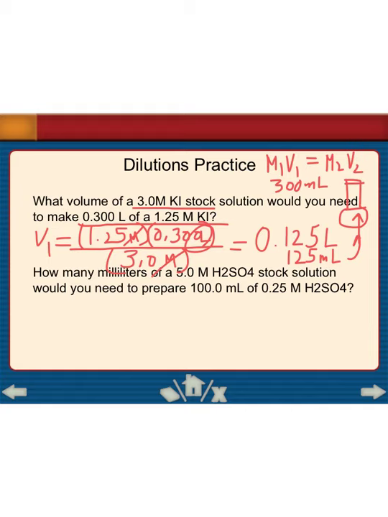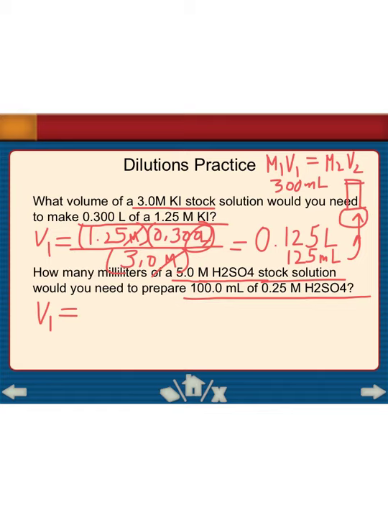Okay, here's another one. Same idea here. How many milliliters of a 5.0 molar sulfuric acid stock solution, a very strong acid, would you need to prepare 100 mL of 0.25 molar sulfuric acid? Using the same M1V1 equals M2V2 formula, again, we're looking for V1. We are looking for it in milliliters, so that's something to keep in mind.